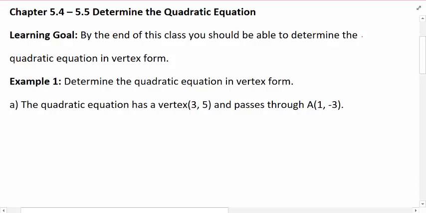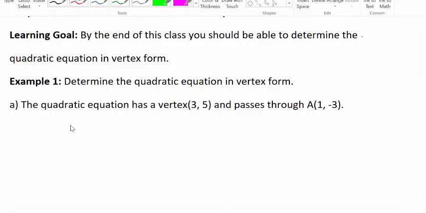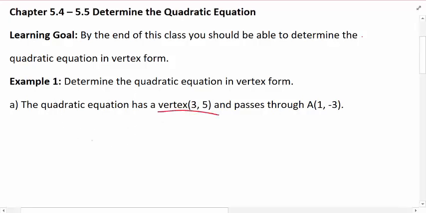I gave you the zeros before, so you just had to plug in the zeros. In this case, I gave you the vertex. So that means I need to start with the vertex form. So y equals what? What's the general form?